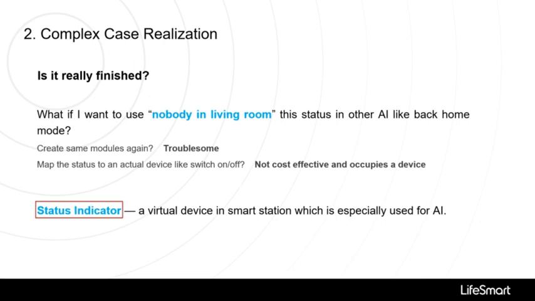In every smart station there are 9 status indicators in total. They are just like virtual switches that have already been added to the smart station. So we can use the on-off status of the status indicator to refer to whether there is someone in the living room.